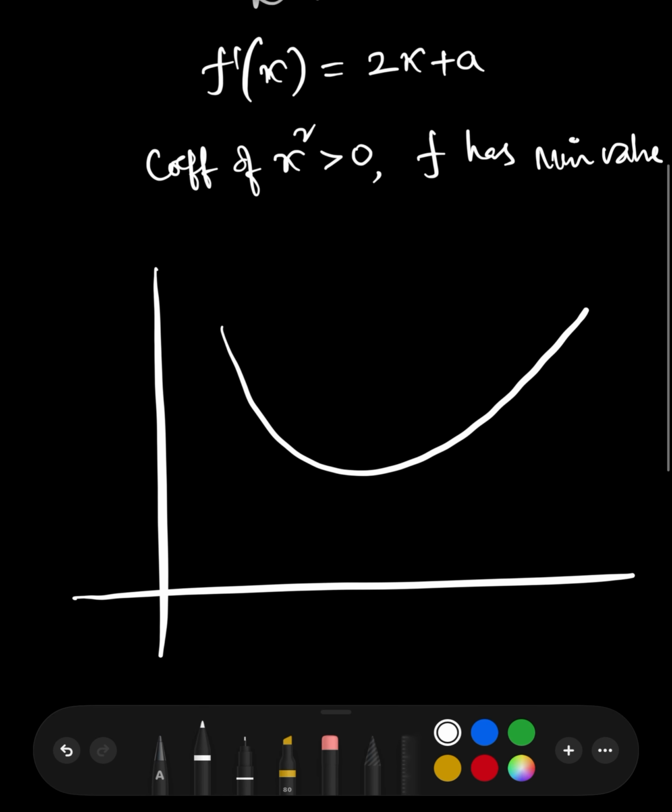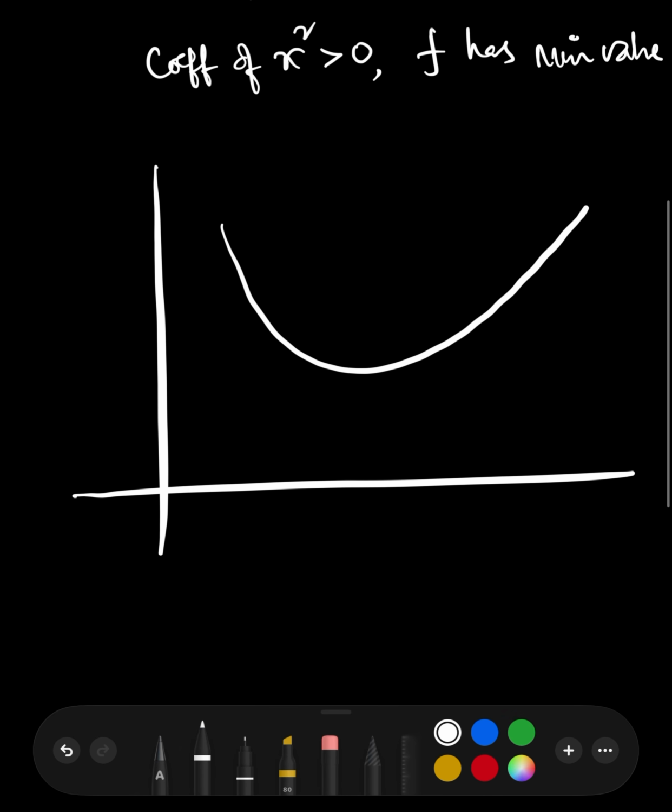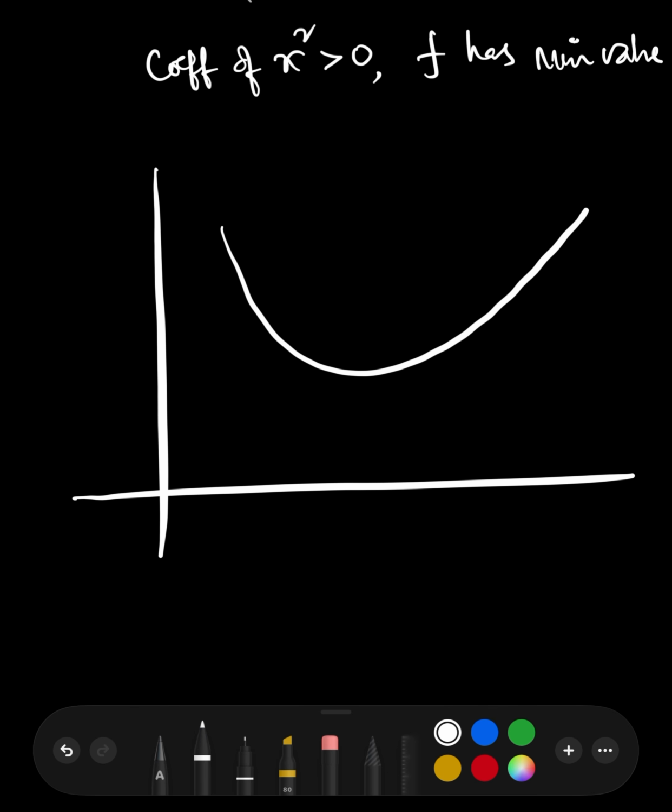Now they have mentioned clearly that this function is strictly increasing on the open interval (1, 2). So if I say it is in between 1 and 2, the function is strictly increasing in between 1 and 2.